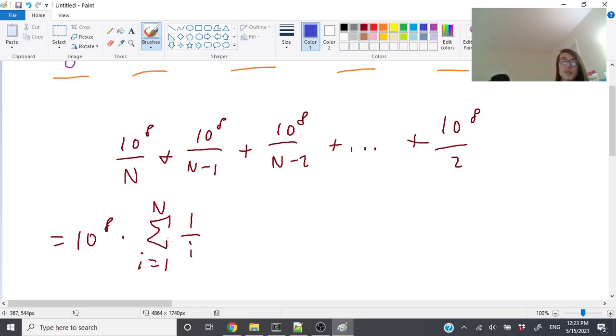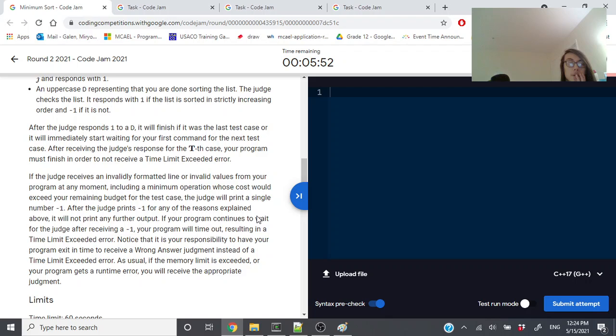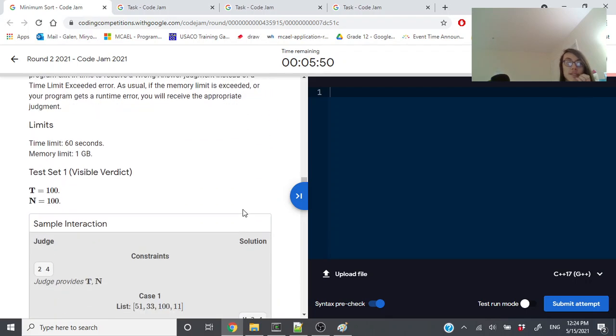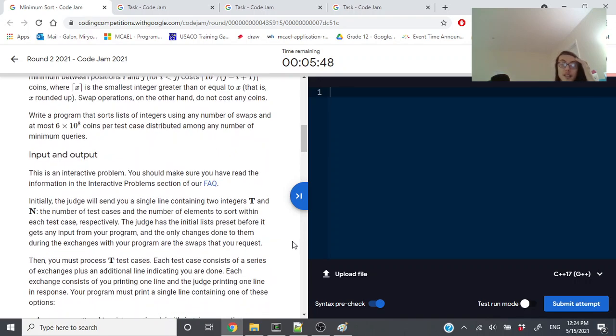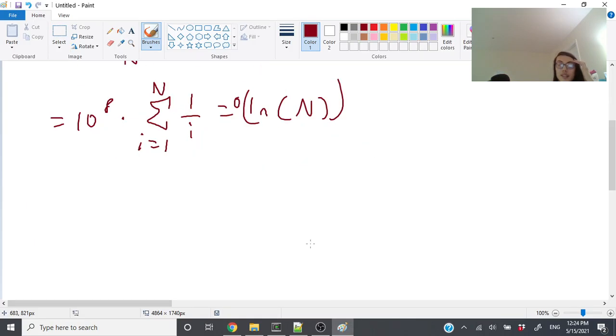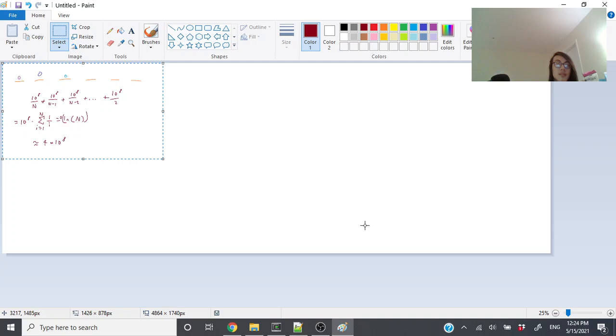So this isn't actually log, it's ln, the natural log. Computing it manually, it's really at most 4 times 10 to the 8th, meaning that it'll pass for any n. So it's fine, we did it, we're good.